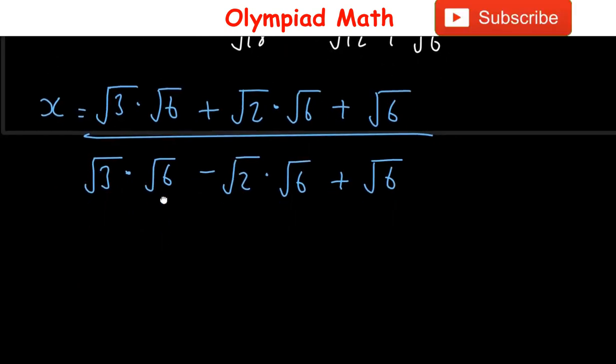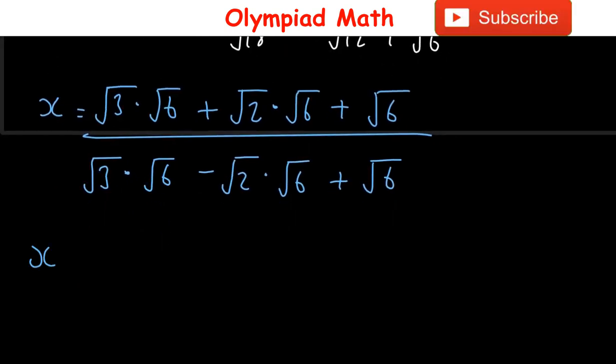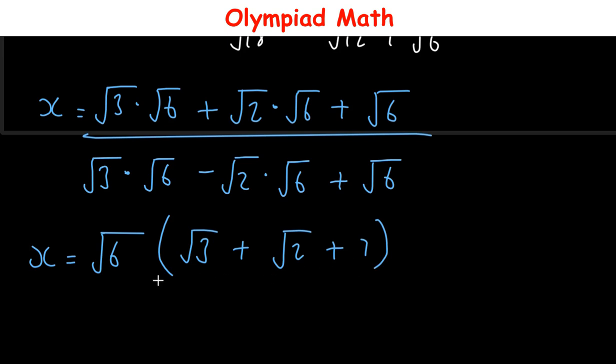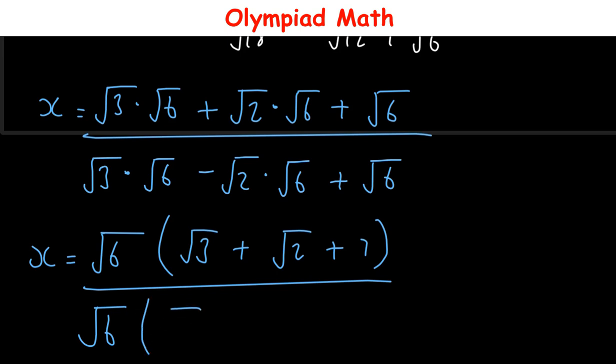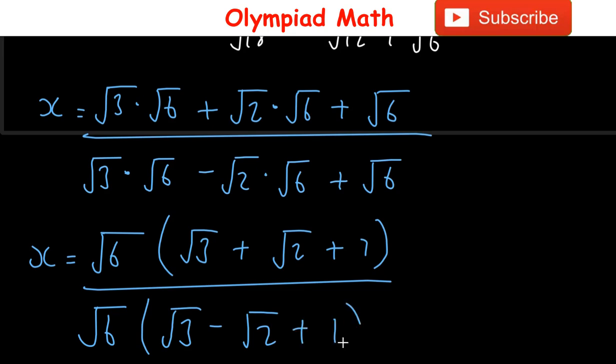So looking at this, at the numerator, we have a common factor which is simply square root of 6. Factorizing out square root of 6, we are left with in bracket square root of 3 plus square root of 2 plus 1, divided by, looking at the denominator, we have a common factor square root of 6. Factorize that square root of 6, and we are left with in bracket square root of 3 minus square root of 2 plus 1.